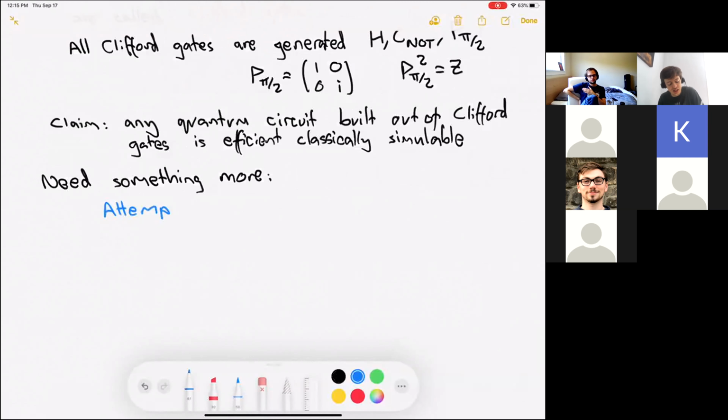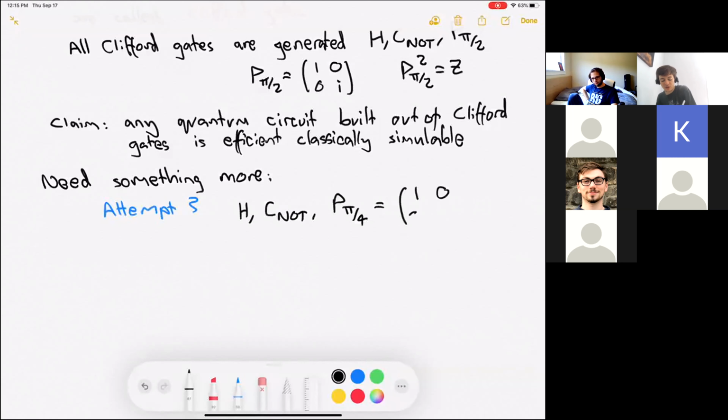A particularly nice set of gates that people often use, which is a universal gate set, is the Hadamard gate, the CNOT gate, and what's sometimes called the T gate or the P pi by 4 gate, which is just like the square root of the P pi by 2 gate. It's applying a phase of pi by 4 if the state is 1.